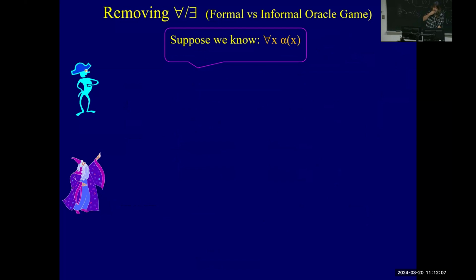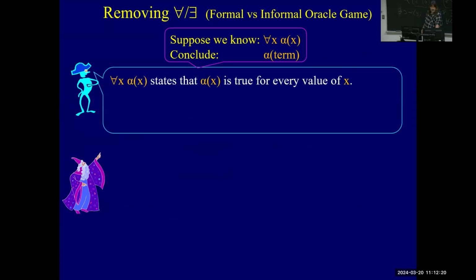So suppose we know for all X, and we want to conclude some weird thing. How do we do it? Well, this slide might have been made prior to oracles; I brought the oracles in later.